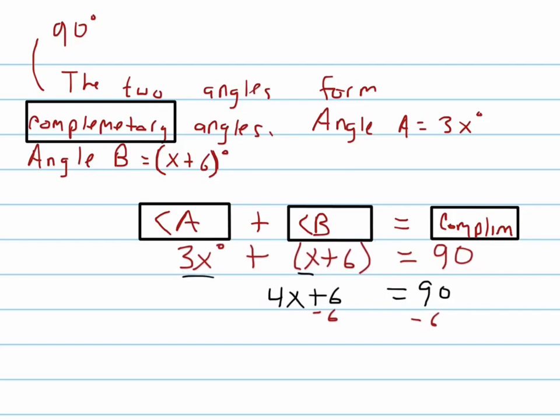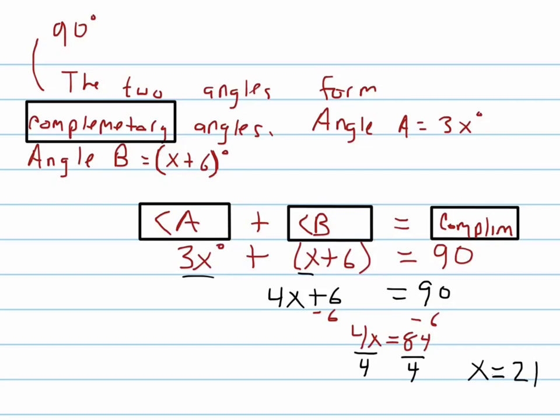Subtract 6, so I'm left with 4x equals 84. And now finally you divide by 4. So x equals 21. But we are not done now.